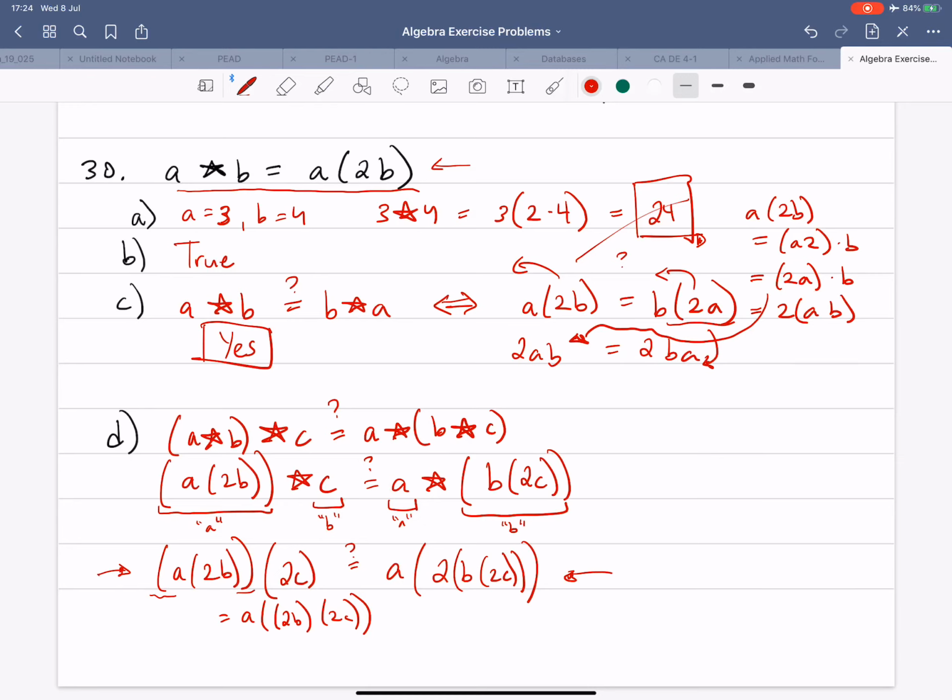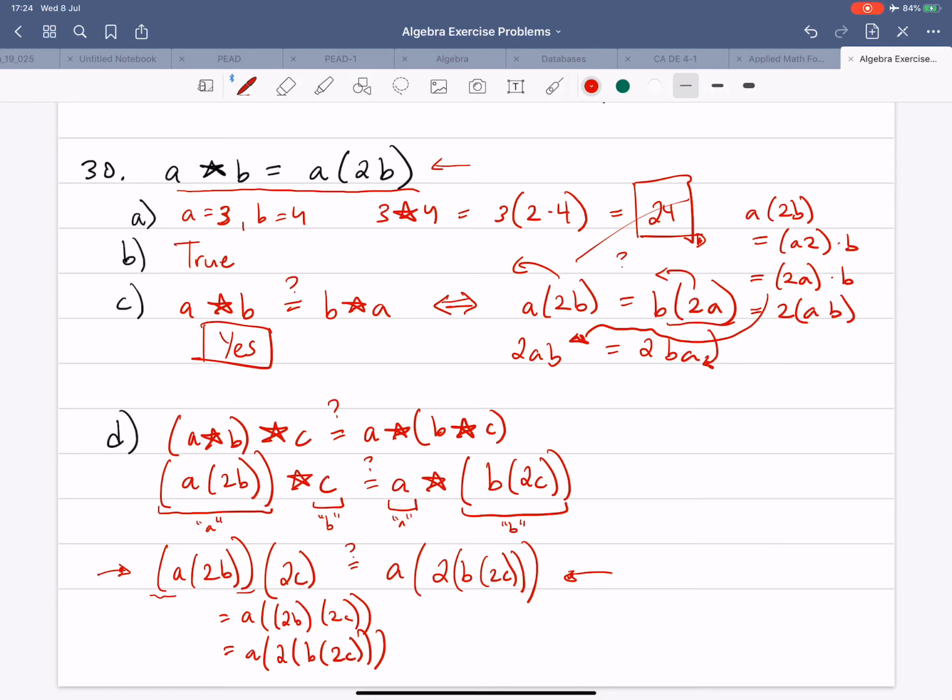Now, instead of grouping 2 and B and then leaving 2C, I'm going to group B and 2C. So this is going to be 2B 2C.